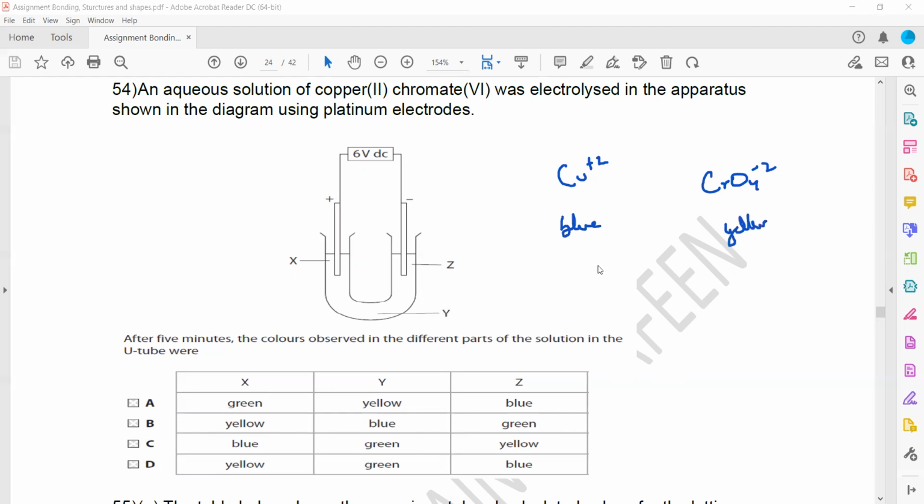And copper chromate, CuCrO4, what is its appearance? That is a green compound.